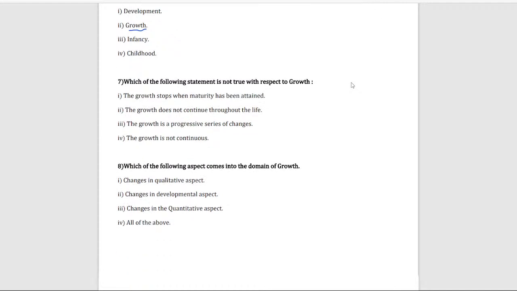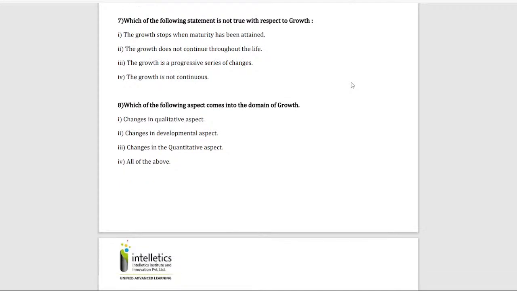Coming to the next question, number 7. Which of the following statements is not true with respect to growth? First, the growth stops when maturity has been attained. Second, the growth does not continue throughout the life. Third, the growth is a progressive series of changes.